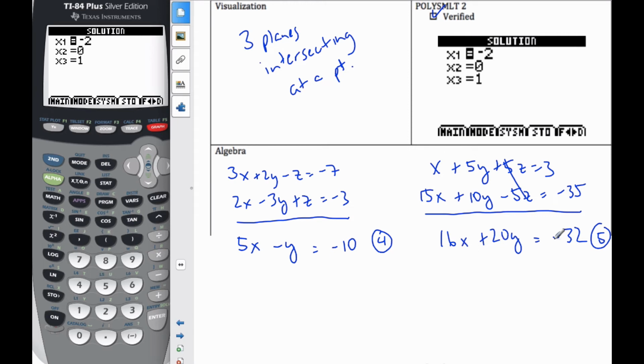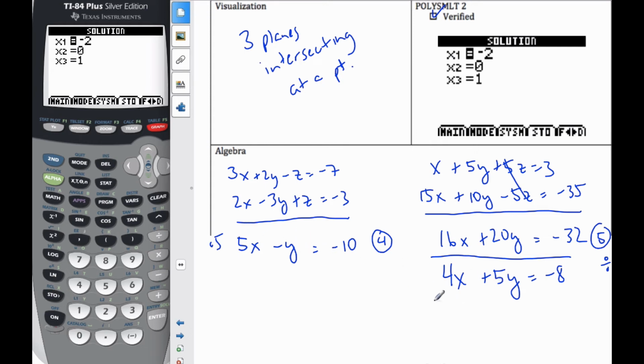But one of the things I notice is that these are all divisible by 4. I'm going to make it smaller by dividing everything by 4. So I get 4x plus 5y is equal to negative 8. And so the numbers are just a little bit easier to work with. And if this is going to be my equation 5, if I take a look at this, I could multiply this one by 5, and I will be able to eliminate the y's.